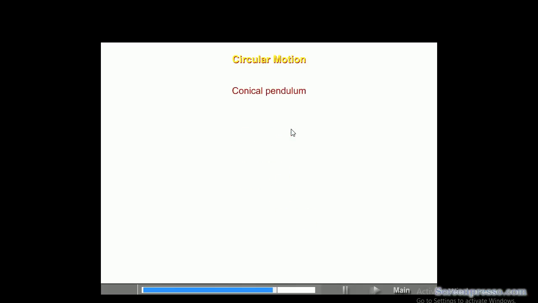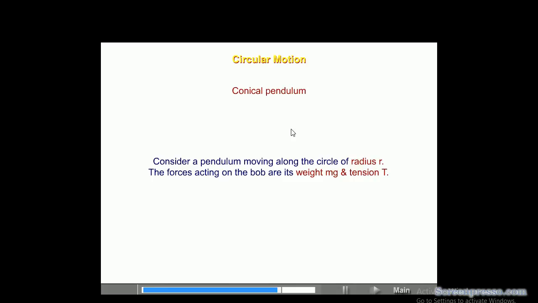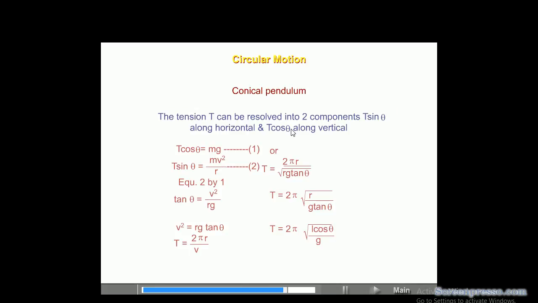Conical pendulum. A pendulum moving along a circular cone is called a conical pendulum. Consider a pendulum moving along the circle of radius r. The forces acting on the bob are its weight mg and tension T. The tension T can be resolved into two components, T sin θ along horizontal and T cos θ along vertical.